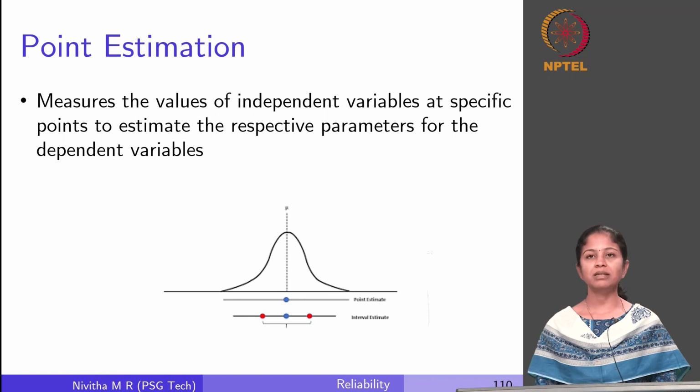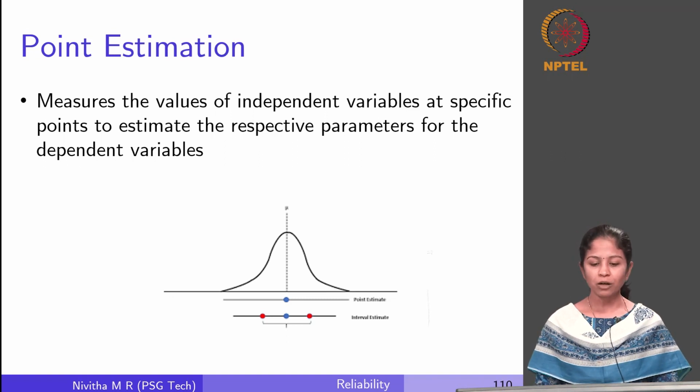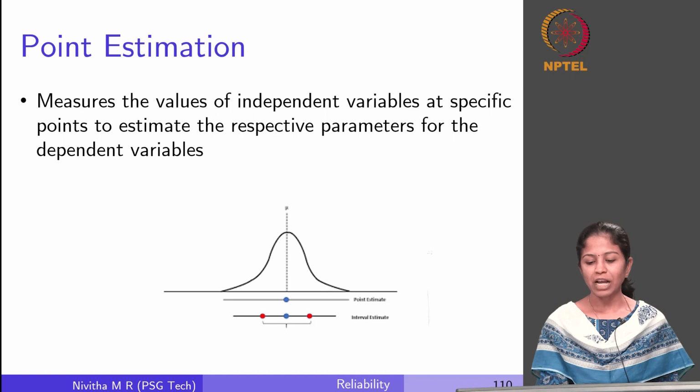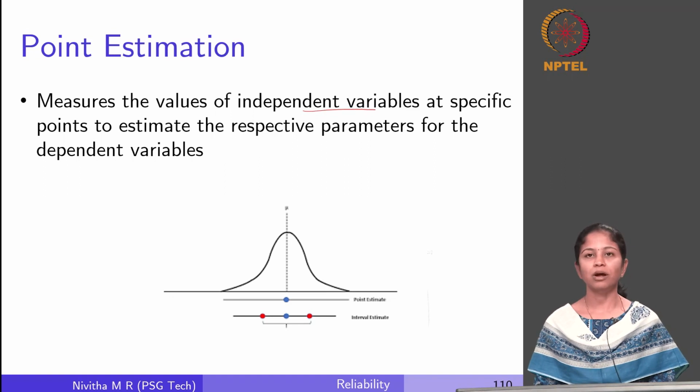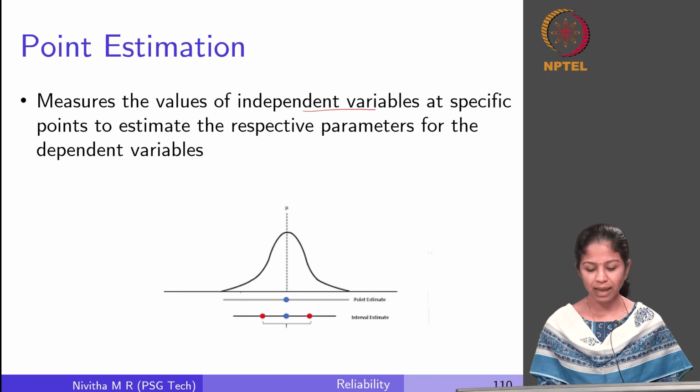The next method is a point estimation. Here also the values of independent variables are measured, but only at specific points, and again the distribution is not considered. Previously we used the mean and standard deviation, here we are going to use specific values. Let us say I am going to arrive at some points like this, right.